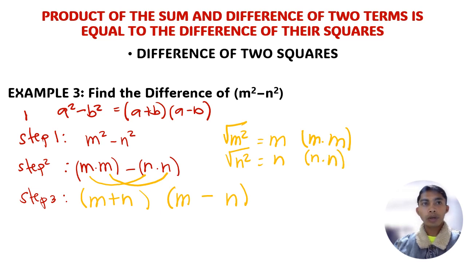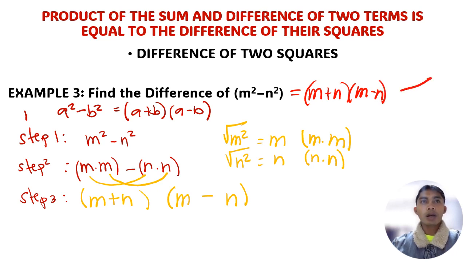So therefore, we can say that the factored form of m squared minus n squared is equal to m plus n times m minus n. So that is our answer for example number 3.